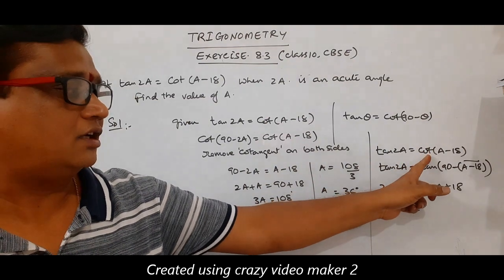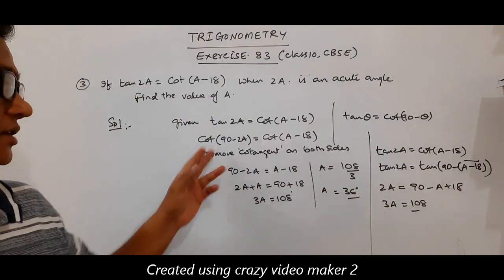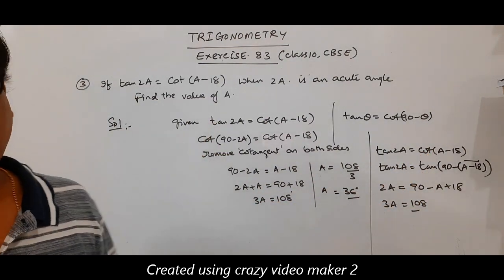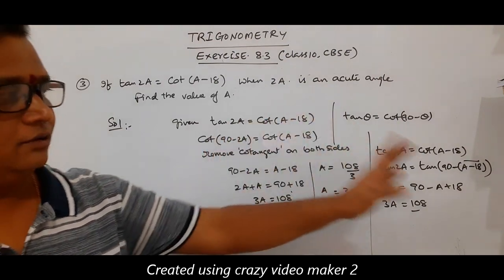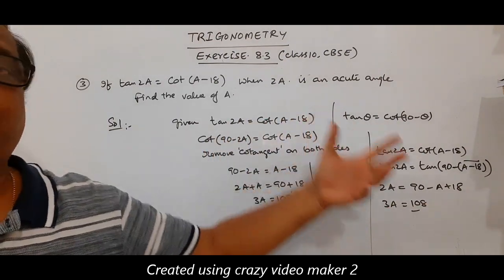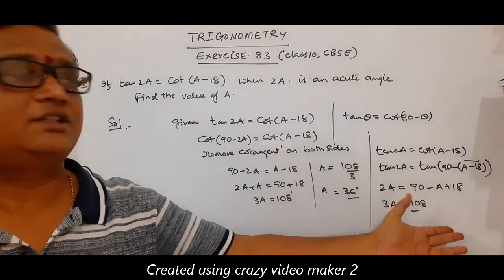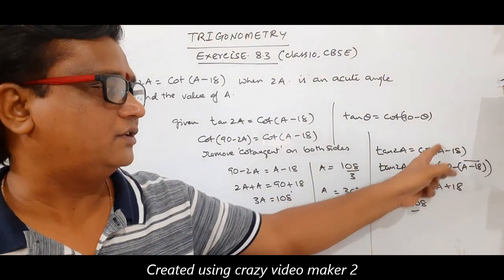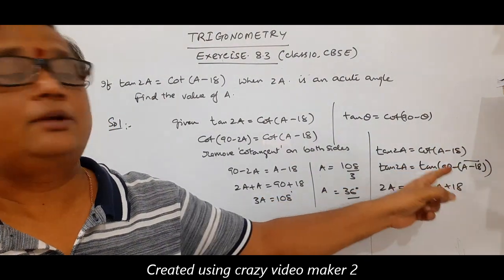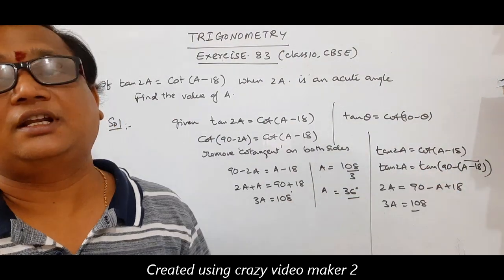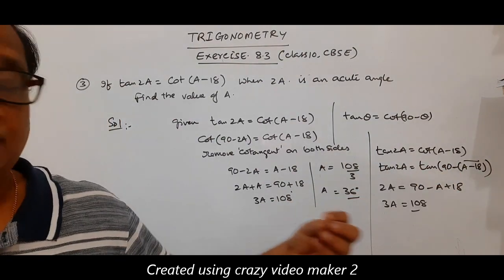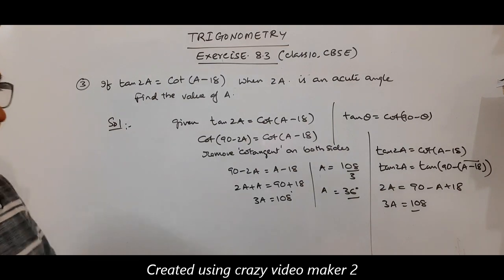Here cot will be changed into tan, here tan will be changed into cot. You can do this method also. If you have a lot of practice, you can understand, because only here we make mistakes. If you are not putting brackets, the entire meaning will be changed.